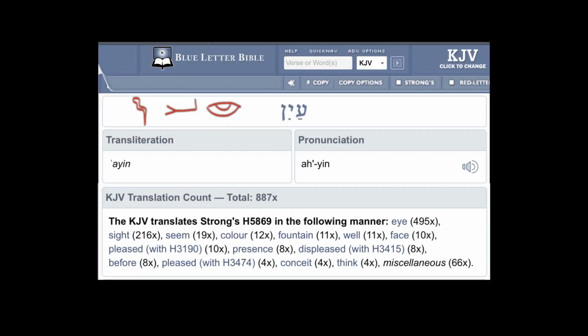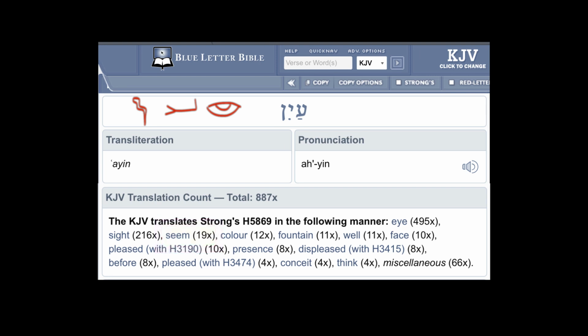Now, we also see that it's used for many different things here. If you want to put a sign for thinking, draw an eye. It's also used to mean eye, to mean sight, and also seem, which is kind of a way of saying to perceive. It seems like, to me, it appears to me.